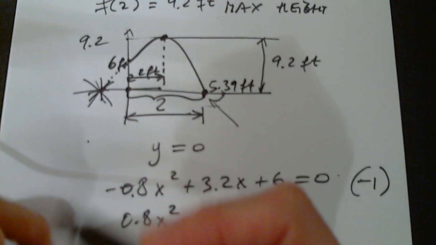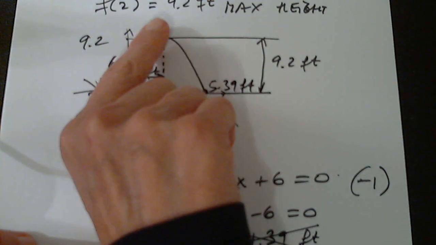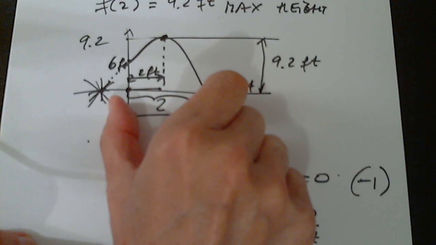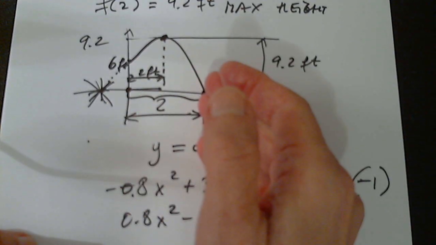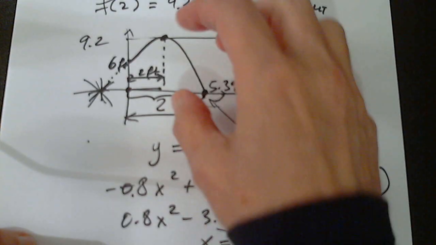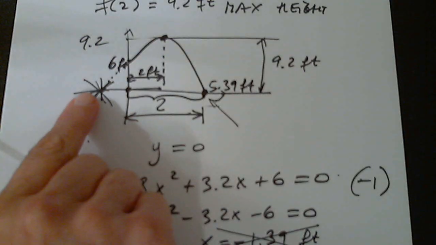And this is the horizontal distance traveled by the ball. It gets to the maximum, and then it hits the ground. What is the maximum height? 9.2. Where do I launch it from? The y-intercept, 6 feet.